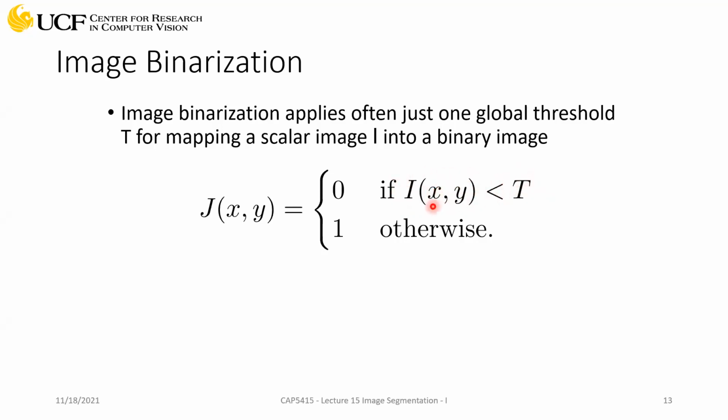If the pixel intensity is lower than the threshold, you assign it a 0. If it's greater than or equal to the threshold, you assign it 1. This simple process will divide all your pixels into either background or foreground. Now the question is how to determine this threshold.